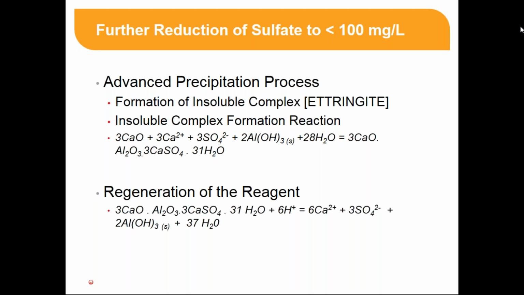And when you add acid to these ettringite solids, it breaks down the calcium sulfate and reproduces the aluminum hydroxide, or gibbsite. This gibbsite is reused in the ettringite precipitation process. I'm only going to talk about the concept; you can learn more in detail elsewhere.